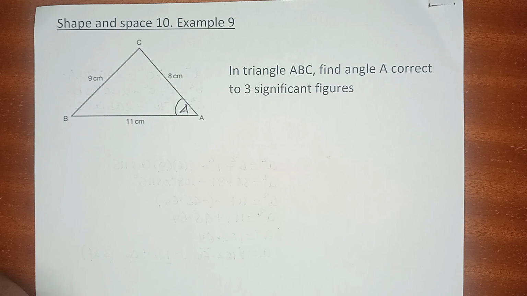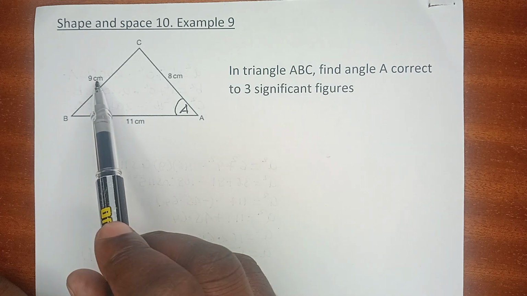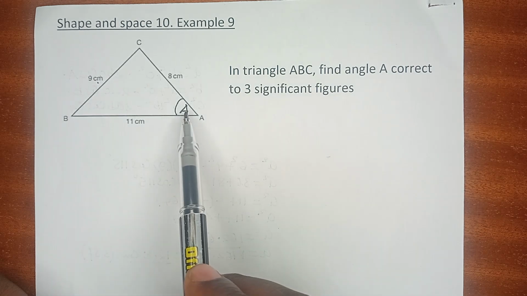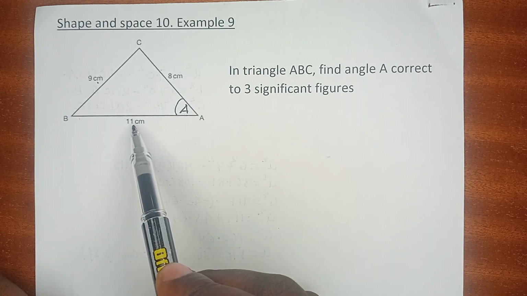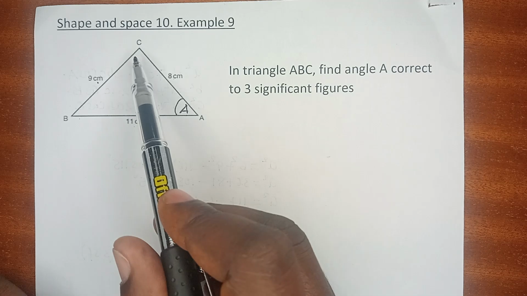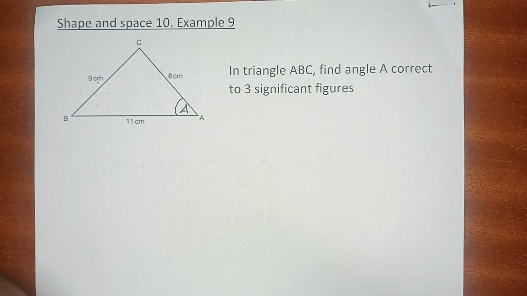When we look at the question, we have side A opposite angle A, side B opposite angle B, and side C opposite angle C. It's very clear that we cannot use the sine rule here.